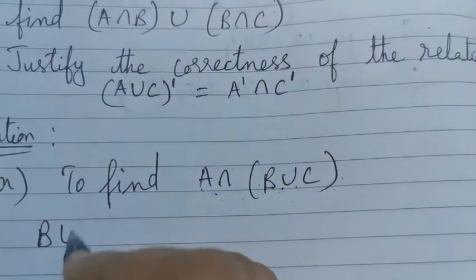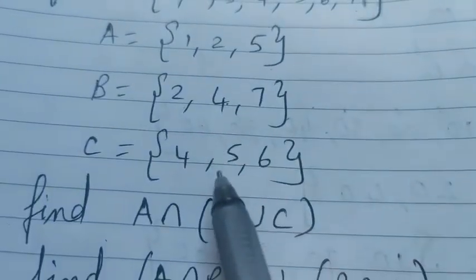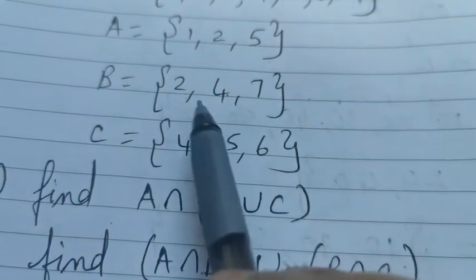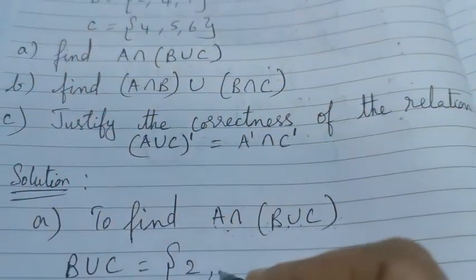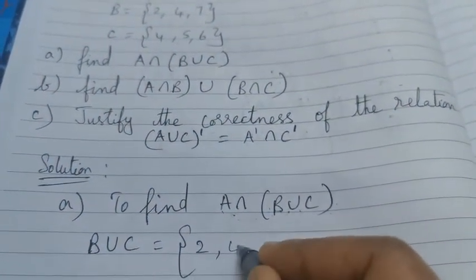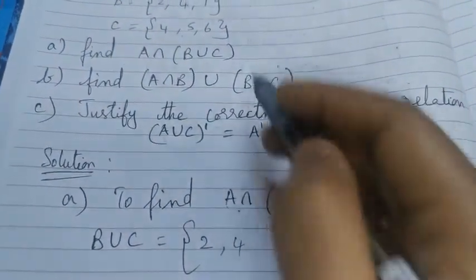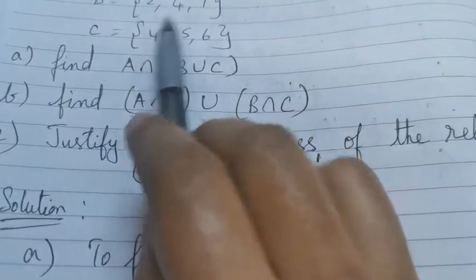So B union C. So I have a set B here and a set C here. So B union C, union means all. So I will write 2, 4. So I have 2, 4, 7. We will write a set in order from small to big.